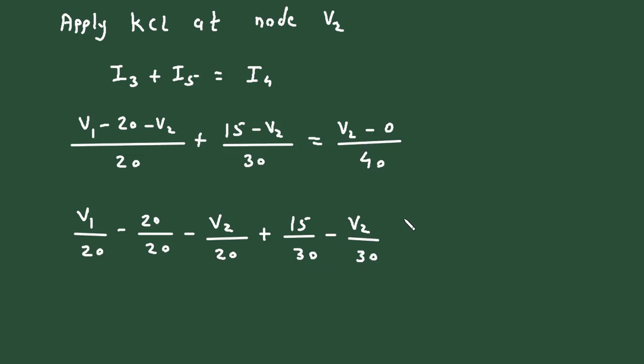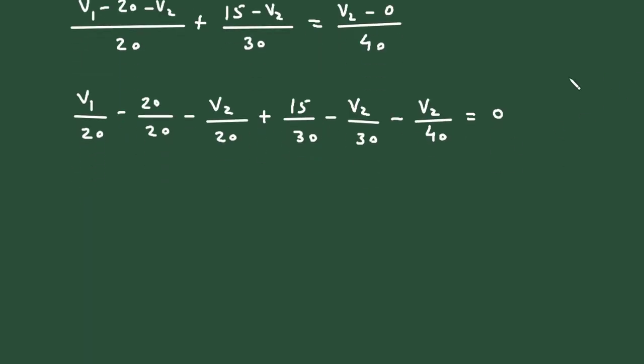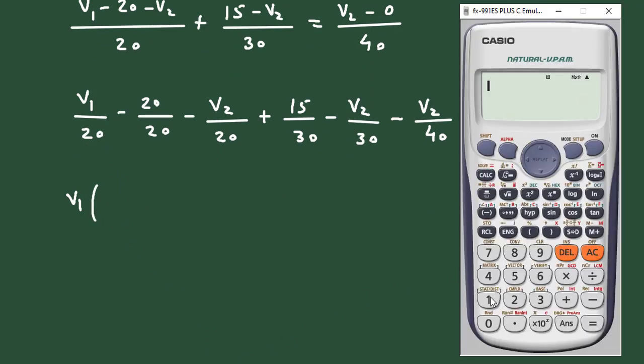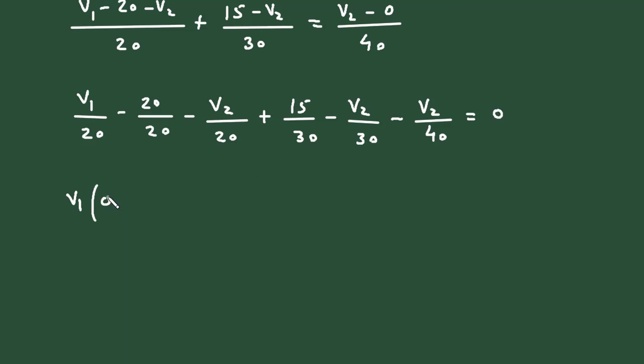Then if we take this on the left side, it will be minus V2 divided by 40, and it is equal to 0. Now let's take V1 common here, so it will be V1 in bracket 1 upon 20, which is 0.05.